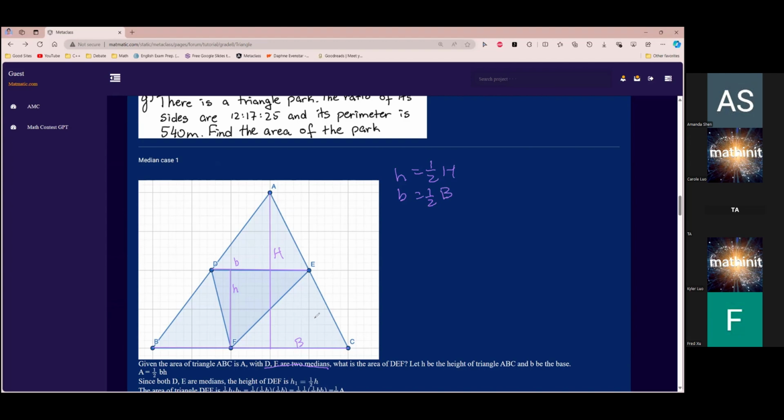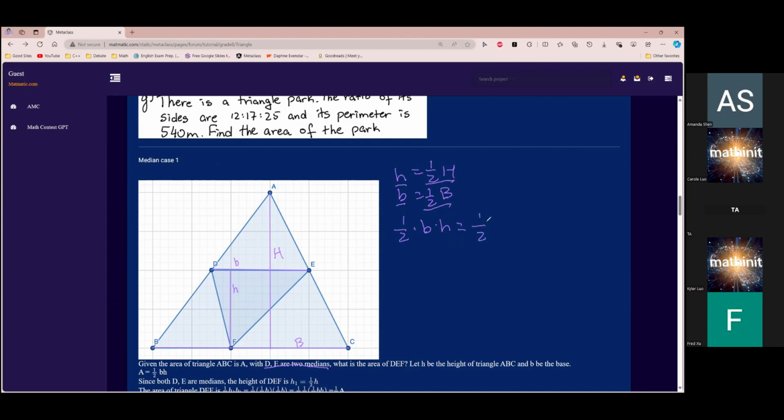So if you want to find the area of DEF, using the area formula, you do base times height divided by 2. But since lowercase h and lowercase b are half, you could plug in these numbers.